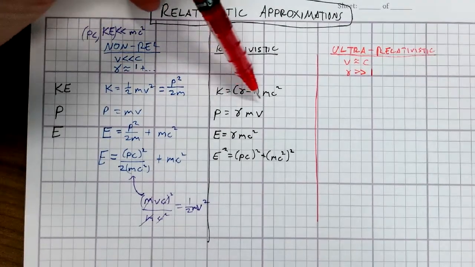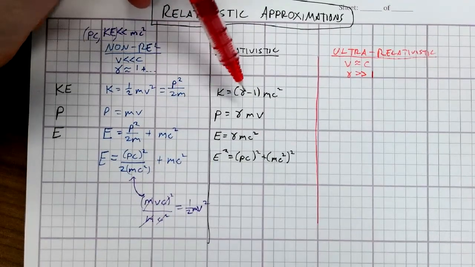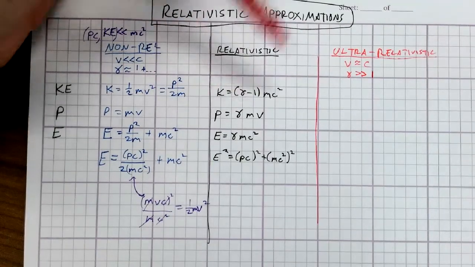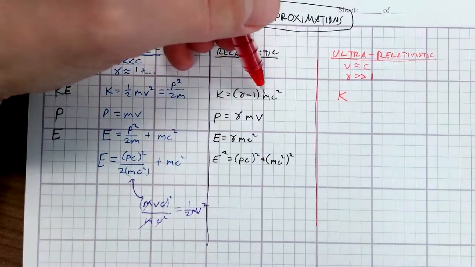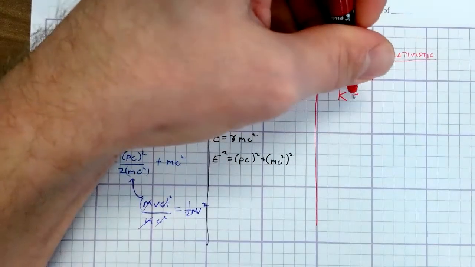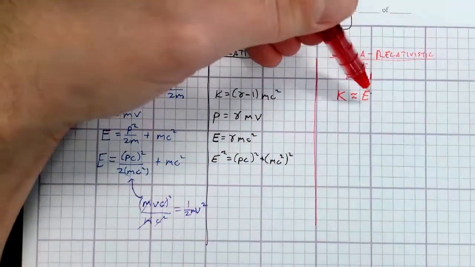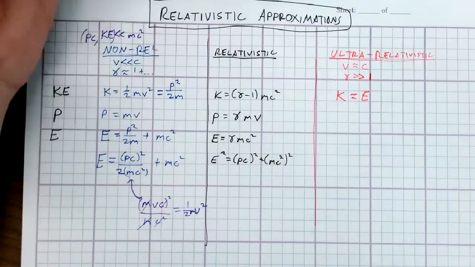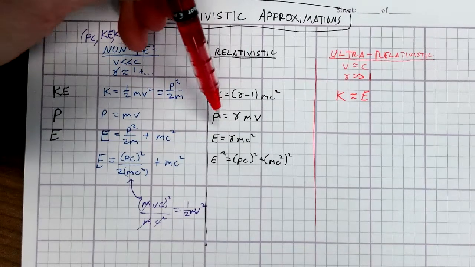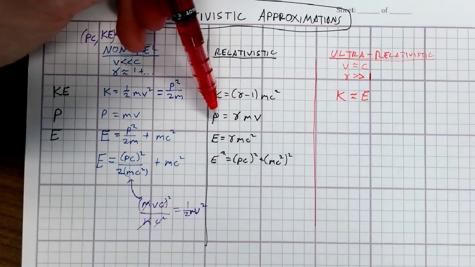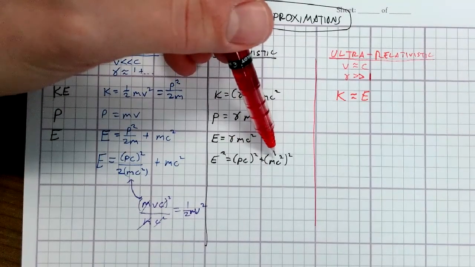So let's look at my relativistic kinetic energy. So suppose that gamma is much, much greater than 1. Well, I can neglect the minus 1 part, so my kinetic energy is equal to gamma mc squared. Well, gamma mc squared is just my total energy. So all of my energy, approximately, is kinetic. That's interesting. My momentum term is going to be large, in fact, much larger than my mass term.